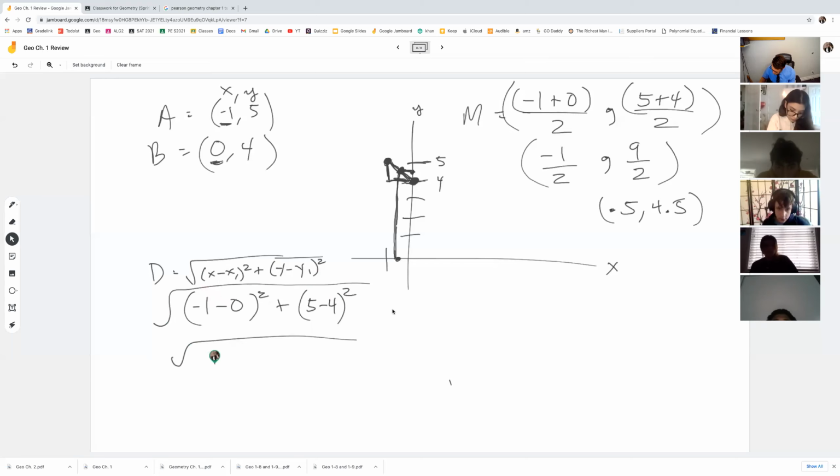So what we get is -1 squared plus 1 squared, which equals the square root of 1 plus 1, the square root of 2, which is 1.4142. Okay, so we say the distance is 1.4.